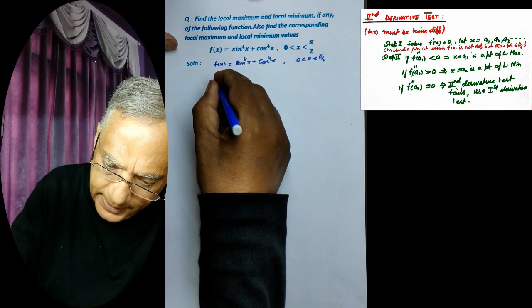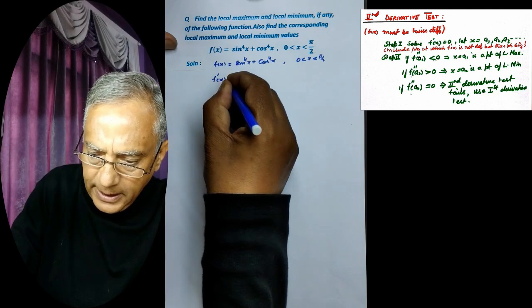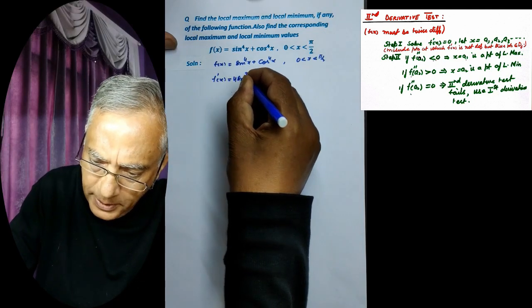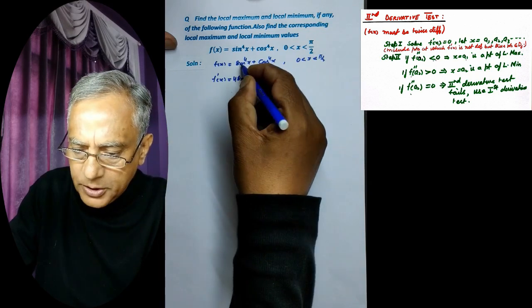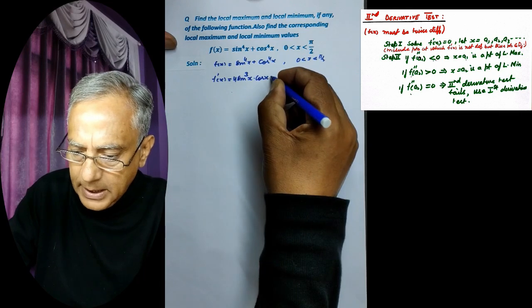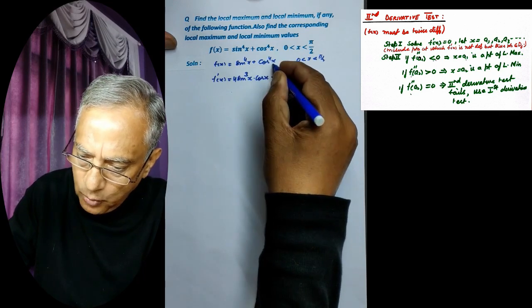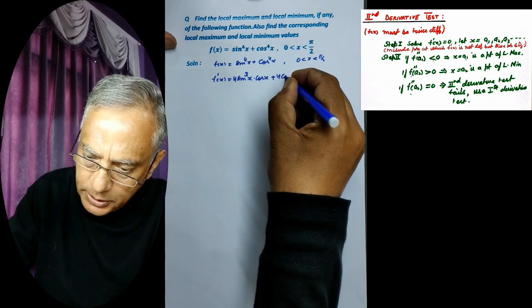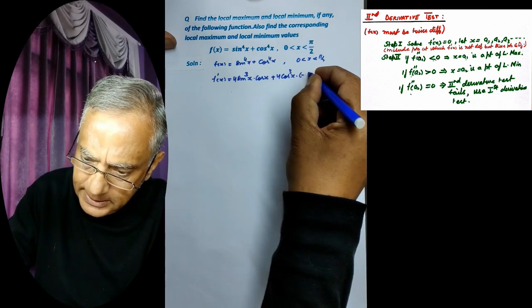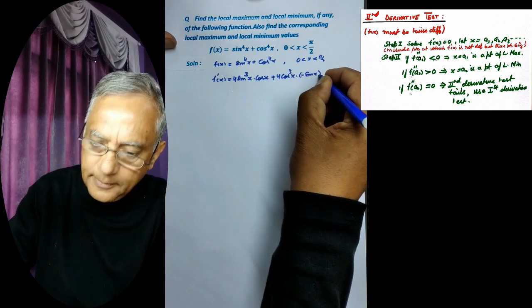So first we find the first derivative. F dash x is equal to 4 sine cube x into the differential of the inner function. The differential of sine is cos x, plus 4 cos cube x into the differential of cos x, which is minus sin x.